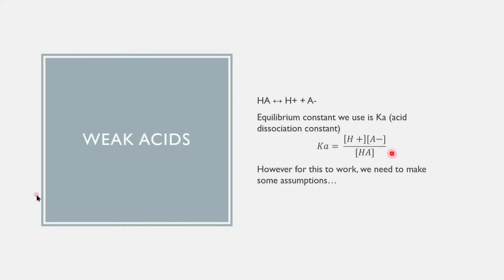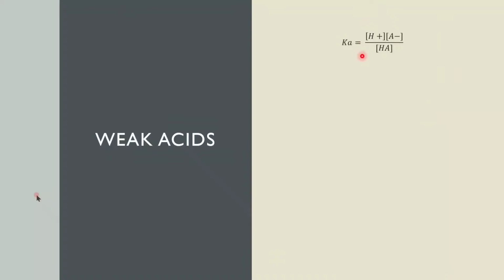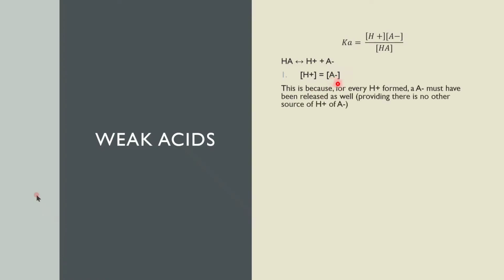However, for this Ka, this acid dissociation constant, to work, we need to make some assumptions about our reaction. If we put our acid dissociation constant at the top here with our equation, we can now go through these assumptions. First, we have to assume that the concentration of H+ ions is equal to the concentration of A- ions, our conjugate base.